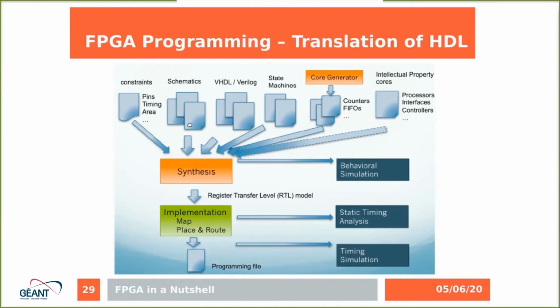We can also draw some schematics, and we also need to provide the constraints for later phases. If the synthesis was successful, then we can use the behavioral simulation to check that it was successful. It's a simulation on a clock level.